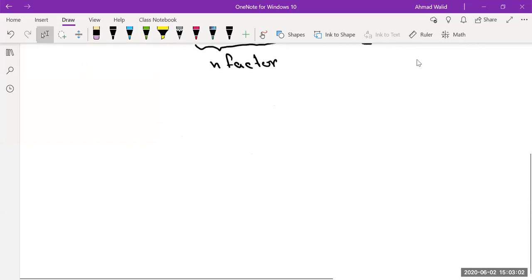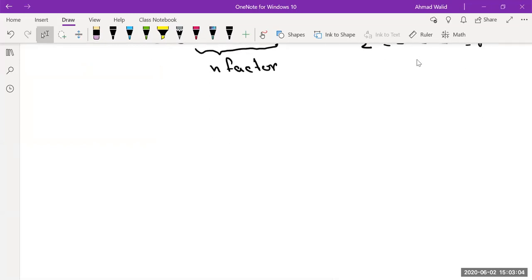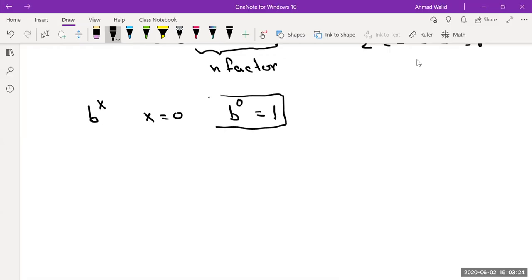Now, a few notations or exponents that you saw before. If you have b to the power of x, when x is equal to 0, you will end up definitely with b to the power of 0, and any number to the power of 0, the value is 1. Correct?